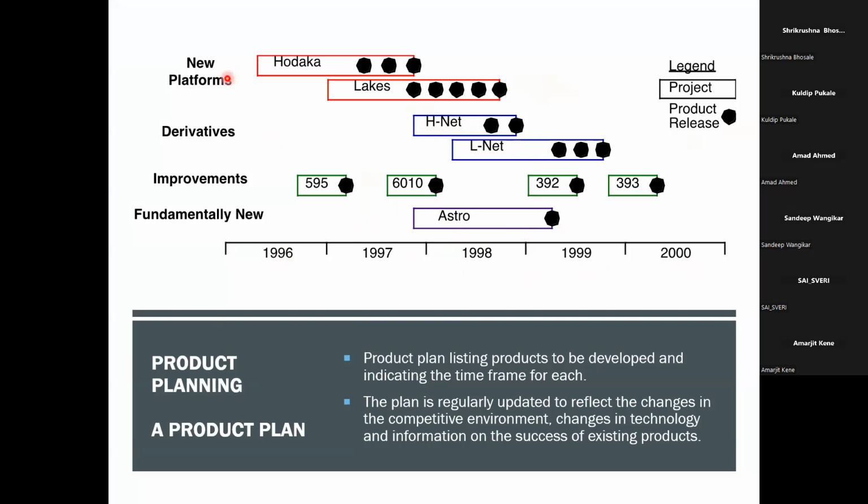So what they did is they tried to come up with new platforms, and the duration of that particular project, and when a new one can start. Then you derive from the existing, or you improve the existing, or go fundamentally new.